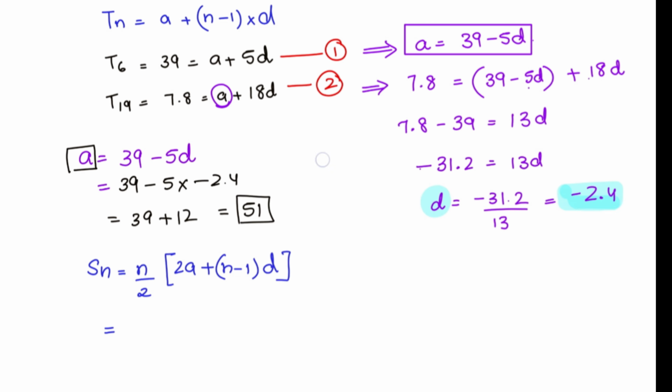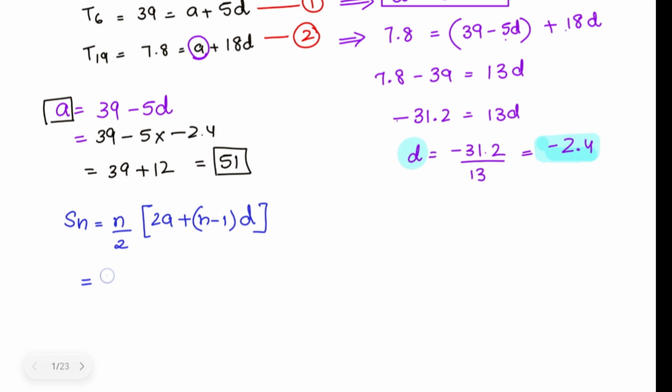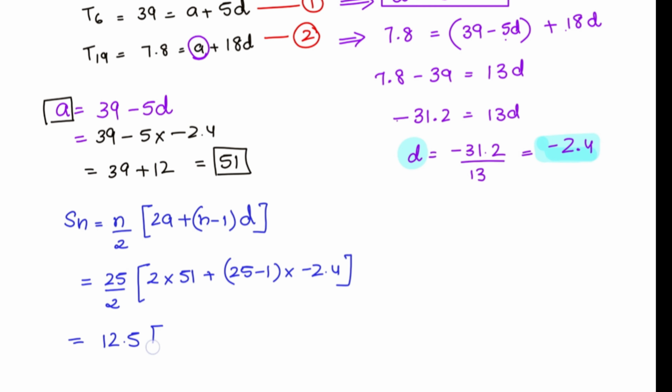Okay, now let's substitute the value. 25 upon 2 into 51 plus 25 minus 1 into minus 2.4, 24 into minus 2.4, I'll get minus 57.6. And the final answer on calculating this is 555. So S25, the sum of first 25 terms, is 555.